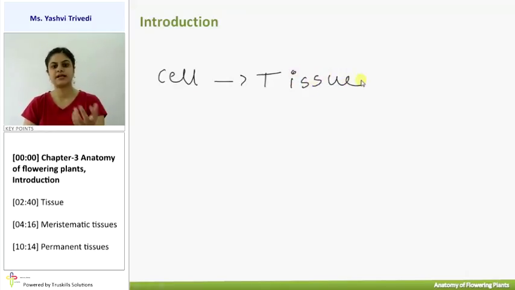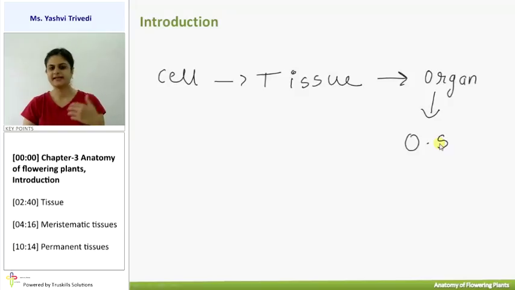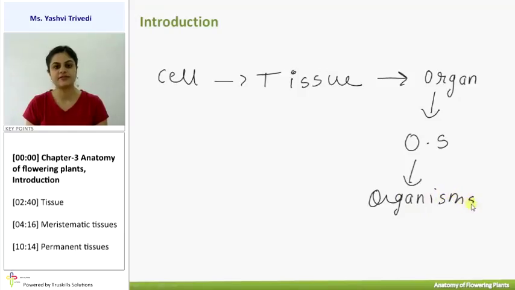The tissues will combine together and they will form organs. All the organs will combine together and they will form an organ system. And in turn all the organ systems will finally form the organism.